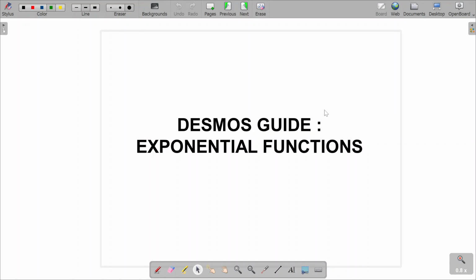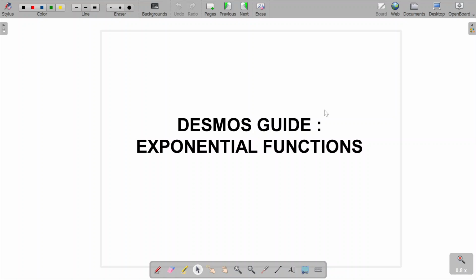Now, as you already know, we are here with the Desmos guide, the full Desmos course. We are doing a topic-wise Desmos course so that it gets easy for you to understand. When similar questions come in your SAT, you will understand that this question is from exponential functions, and whenever questions like these come from exponential functions, I have to use Desmos.